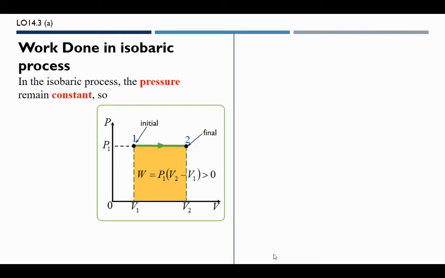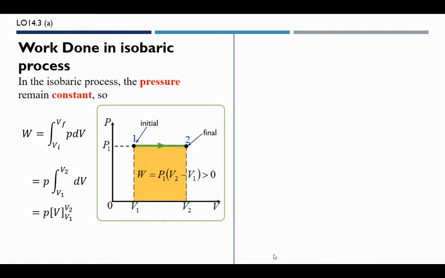So, work done in an isobaric process. In the isobaric process, the pressure remains constant. Therefore, we can use the equation W equals the integral of P dV to get the correct formula for the work done in an isobaric process. Since pressure is constant, it can be taken out of the integral, so we are just left with the integral of dV.